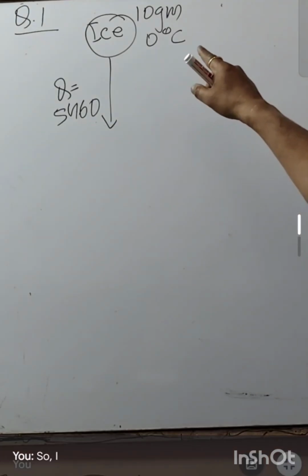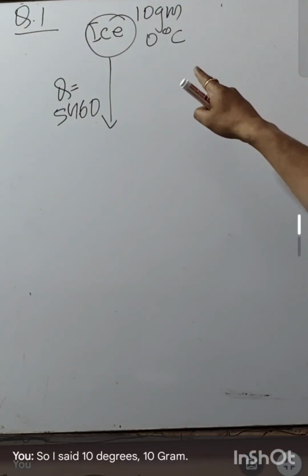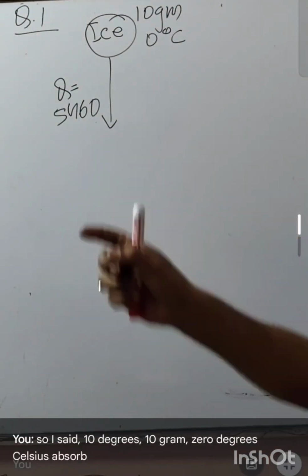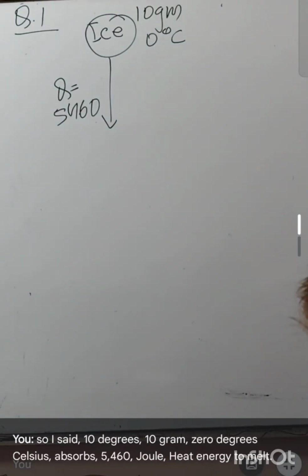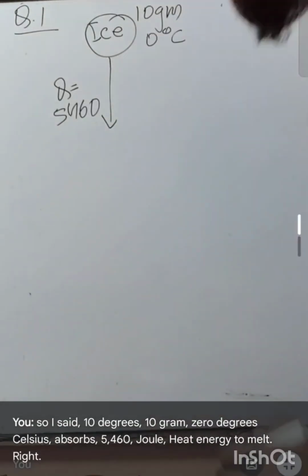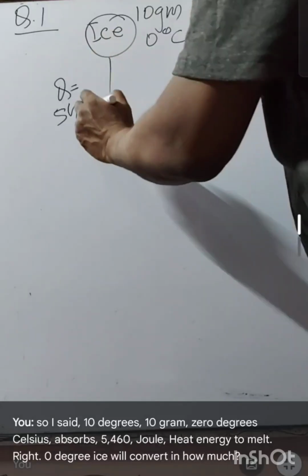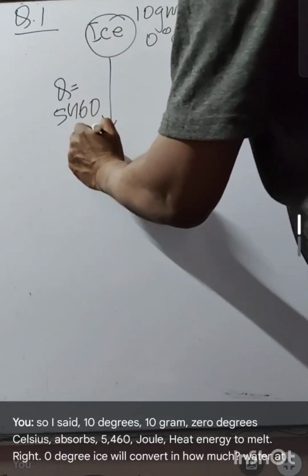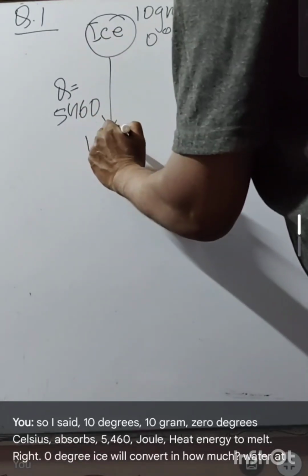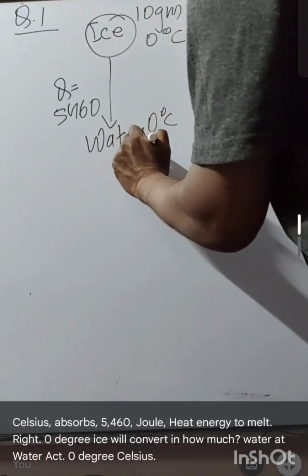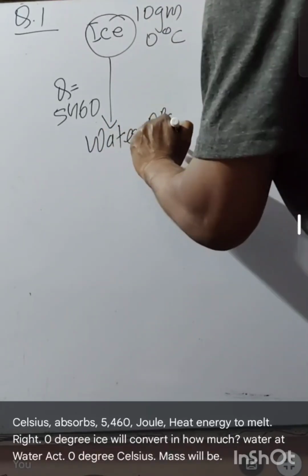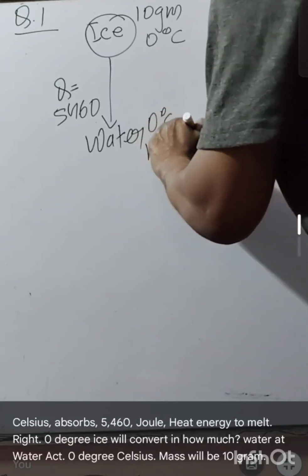So ice, 10 gram, at 0 degree Celsius absorbs 5460 joule heat energy to melt. Right? So this 0 degree ice will convert into water at 0 degree Celsius. Mass will be 10 gram. Right?